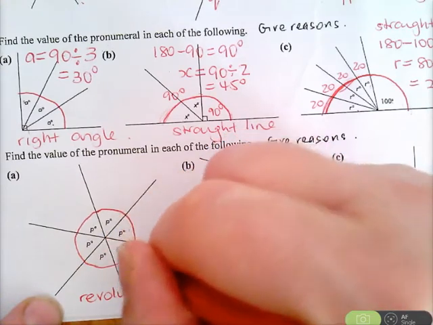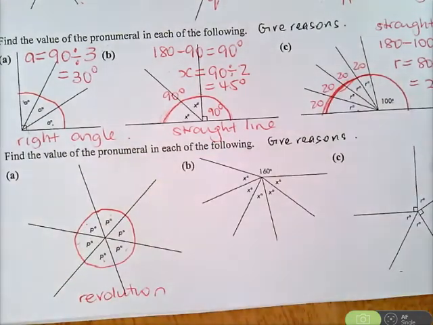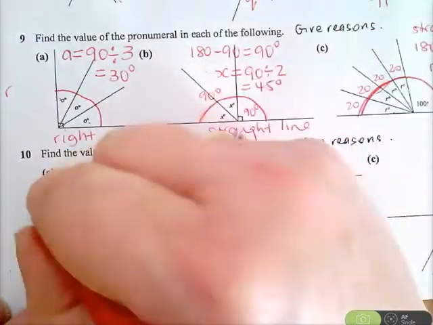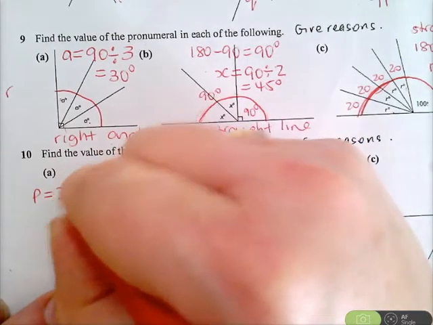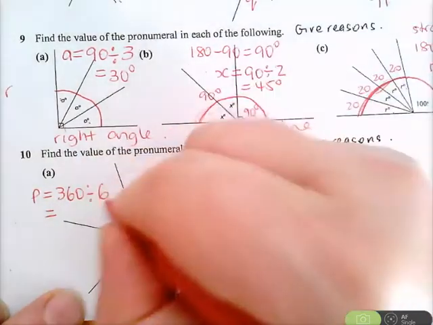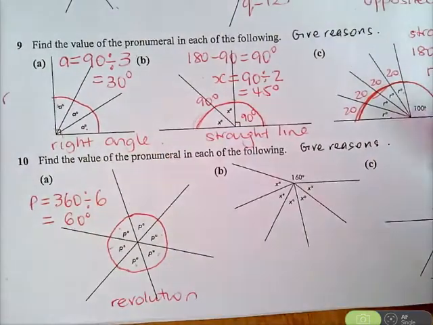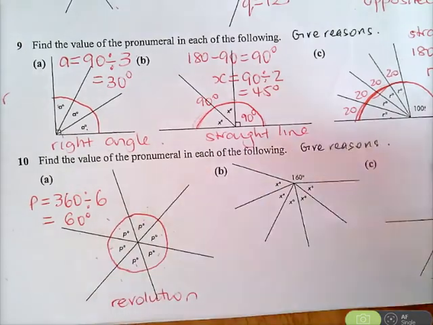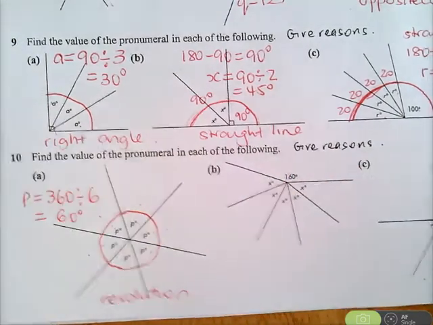We've got 1, 2, 3, 4, 5, 6. 6 angles of the same size making a revolution. Now we know that a revolution is 360 degrees, so one of those angles will be 360 divided by 6, which is 60 degrees. So that's the size of P. So each of those will be 60, and that's how we form 360.